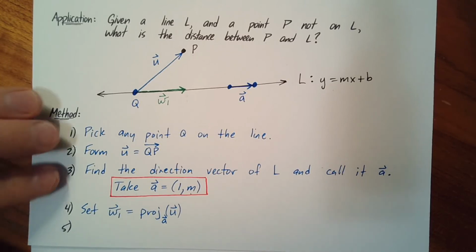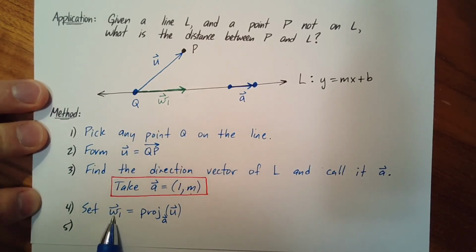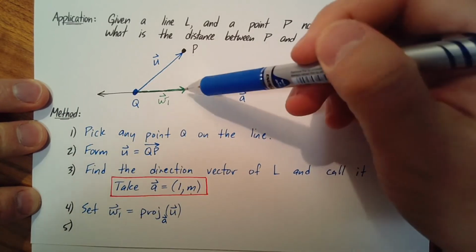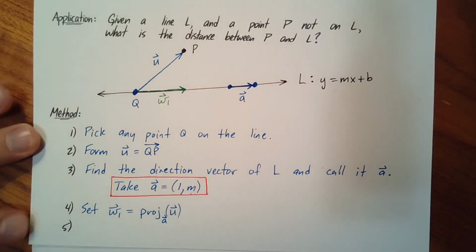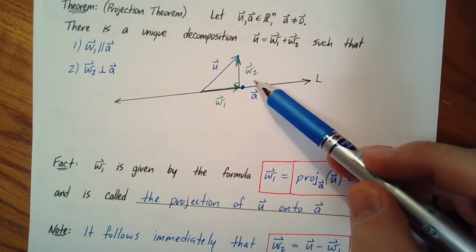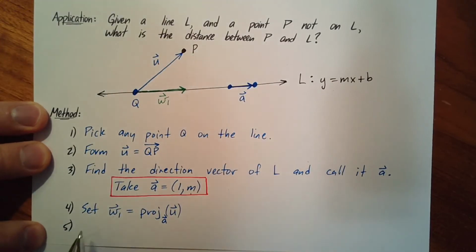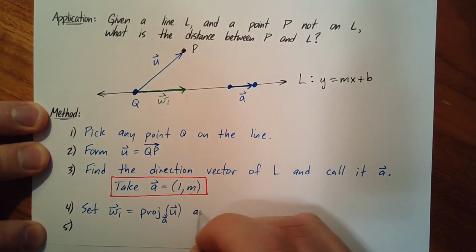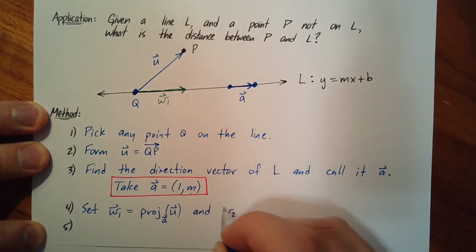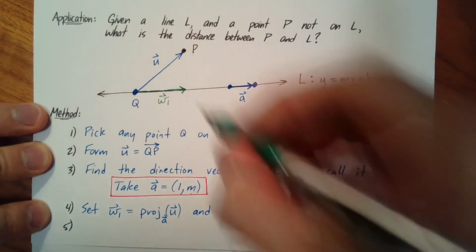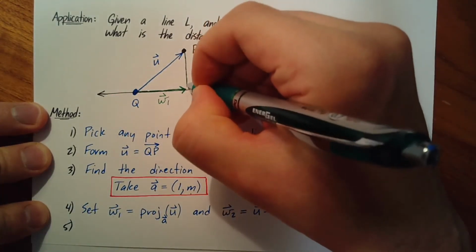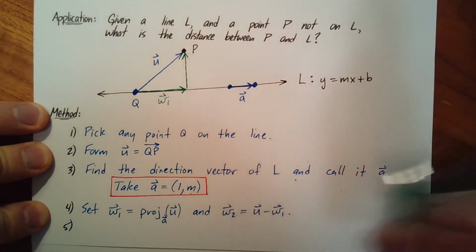However, it's even easier than that, because if we found W1 to be this vector, we can find this vector right here by just, well, that's our W2 in the projection theorem. That's this vector right here. So let's just add that onto step 4. W2 is just going to be u minus W1. Pardon me, W2 I meant to say.